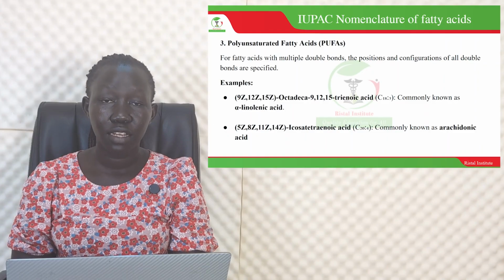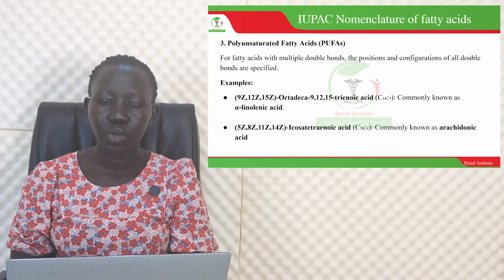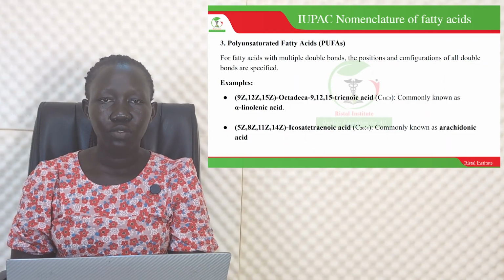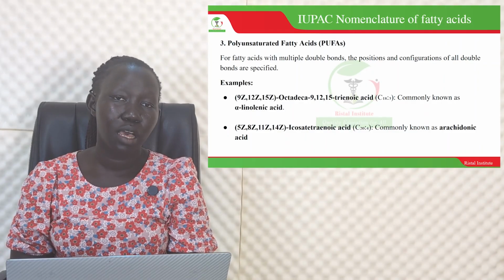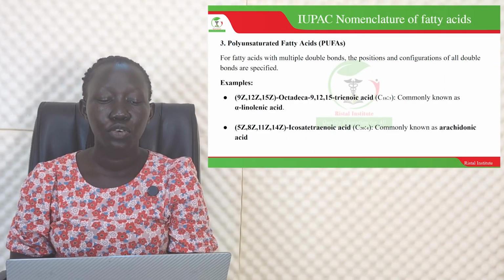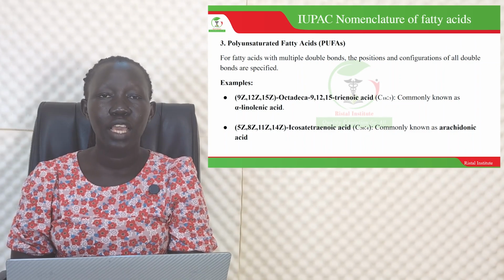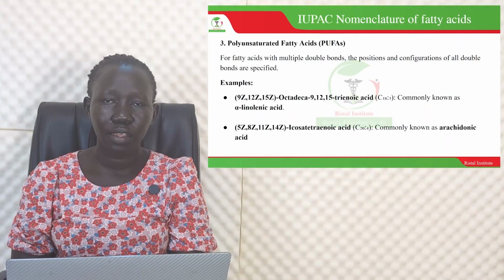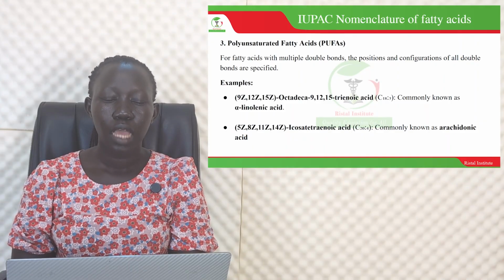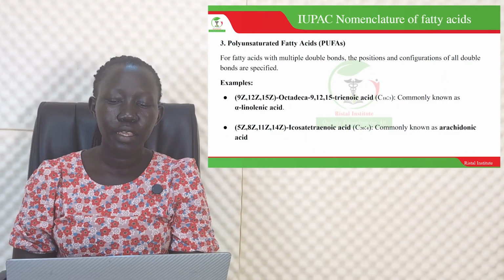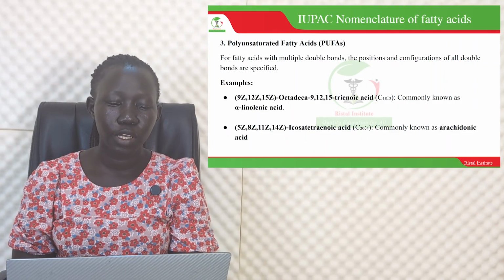This is a fatty acid that has 18 carbon atoms with 3 double bonds, and each of the double bonds is occurring, one at carbon 9, the second at carbon 12, and the third at carbon 15. And all of them are Z because they are cis configurations occurring on the same side. And this is called alpha-linolenic acid. That is the common name.